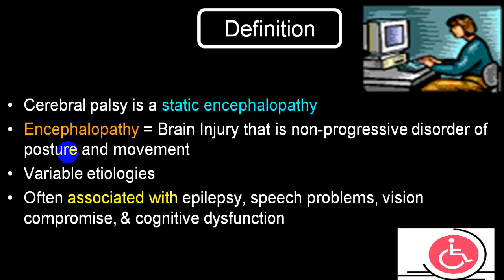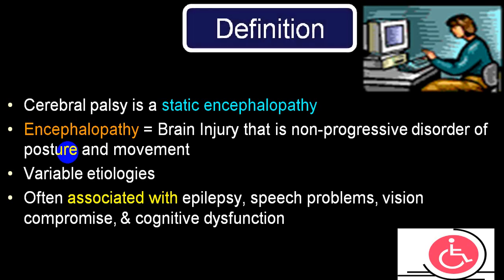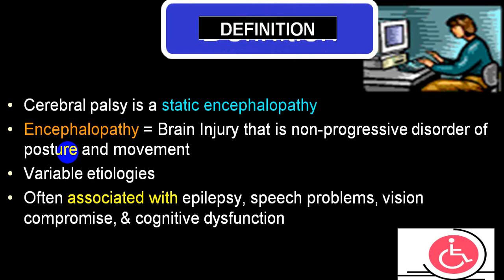This will be very frequently associated with seizures, speech disturbances, visual disturbances, cognitive dysfunction, as well as spastic paralysis. And if there is involvement of the basal ganglia, it will be associated with involuntary movements. This will be the group of symptoms and signs in a person who gets cerebral palsy.